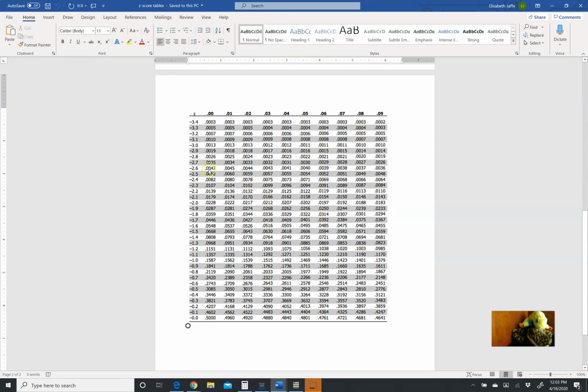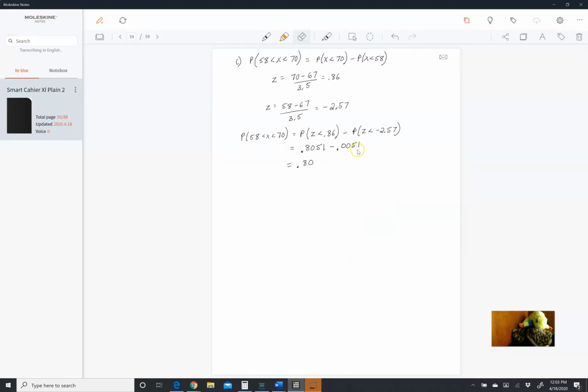Here's negative 2.5, and we go all the way over to 2.57, which is 0.0051. This wasn't a hard calculation because we had a 5-1 and a 5-1, so this is just 0.80. So there's an 80% chance that a vehicle is going between 58 and 70 miles per hour.